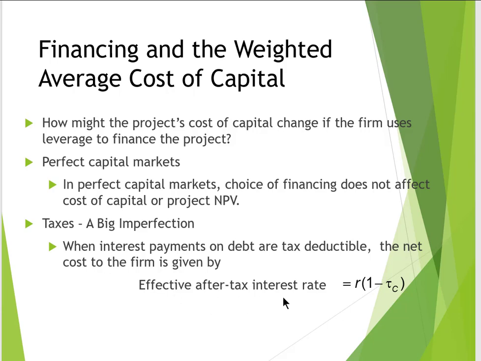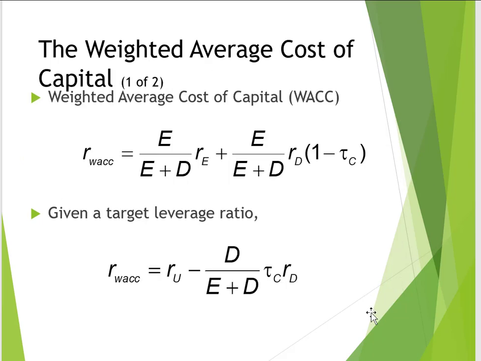So the effective after-tax interest rate is the return, yield to maturity, or whatever the promised yield is, times 1 minus the tax rate.